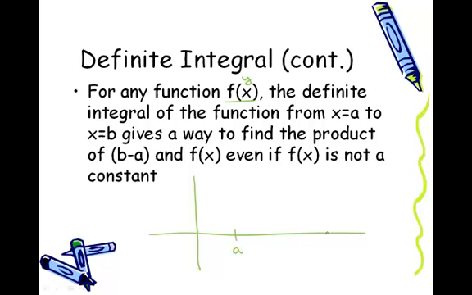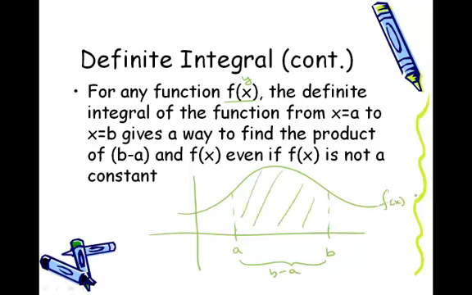If we are going from point A to point B, and we want to find the area under the curve from A to B, or this distance, which would be b minus a, and we want to find the area under the curve of f of x. If f of x is a constant, we just have to multiply, like in my first example where our constant was 60 miles per hour. But if f of x is not a constant, we need to use a definite integral. And at the moment, our method for doing definite integrals will be counting squares or partial squares on a sheet of graph paper. So good luck at this time.